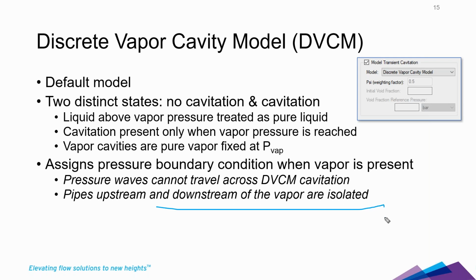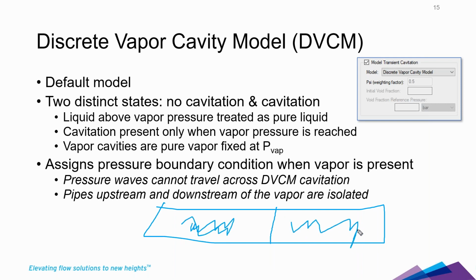So if I have a pipe right here, and here's a pipe station that's cavitating, I have stuff going on in here, and then other stuff going on over here, and they're not going to be talking to each other because there's this boundary right here set to vapor pressure.